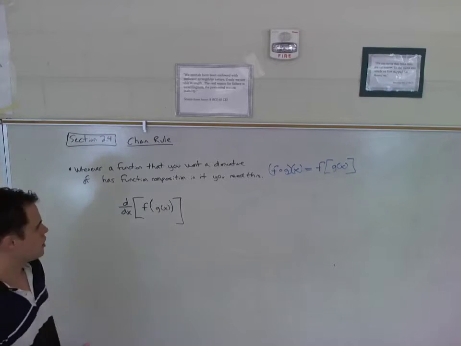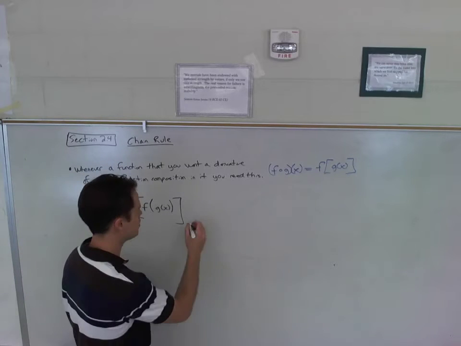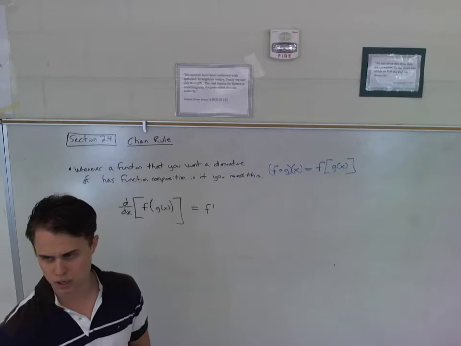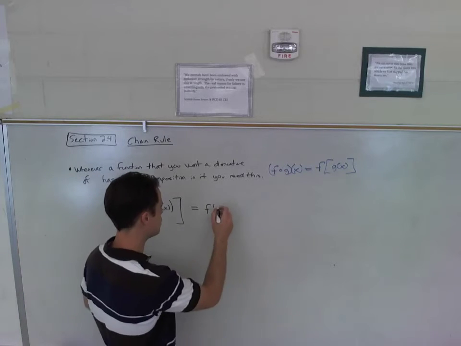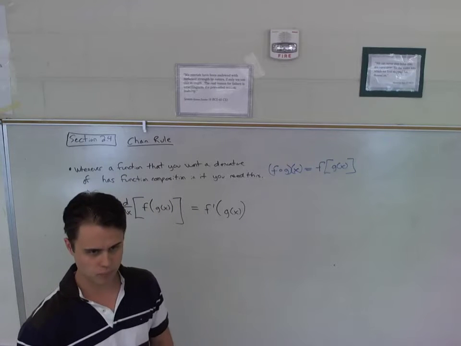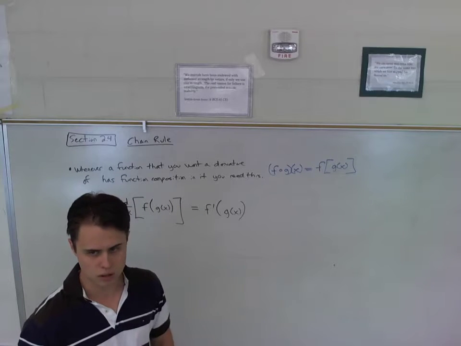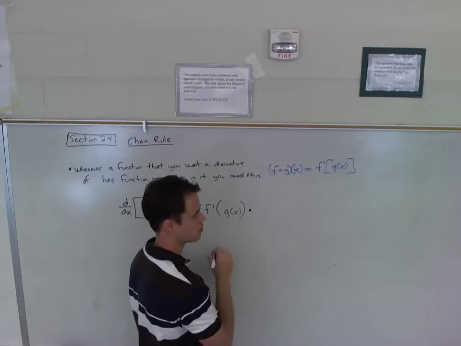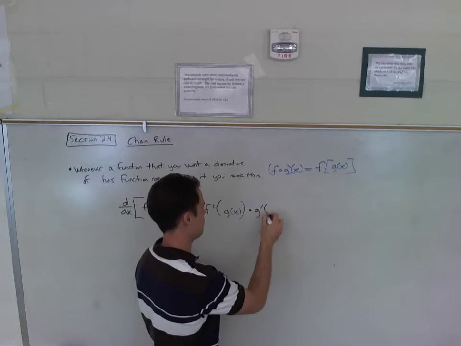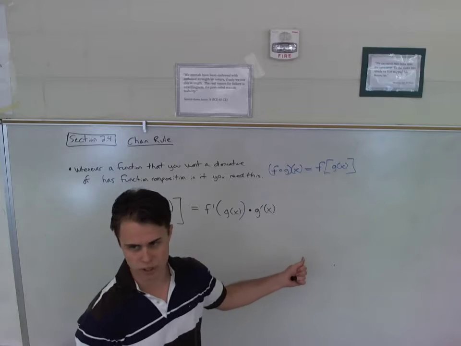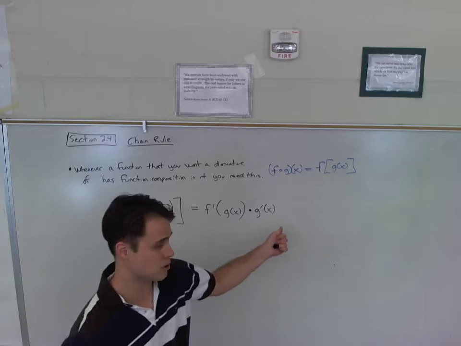Each time you have something inside, here's how you do the derivative. You just take f prime, just like you normally would. You leave g alone, you don't mess with it. It's still inside. But then the thing that everyone forgets is you have to multiply by something else: g prime. That's why it's the chain rule. You've got this chain that you're creating. If I have another composition, I'm going to have something else to multiply by.